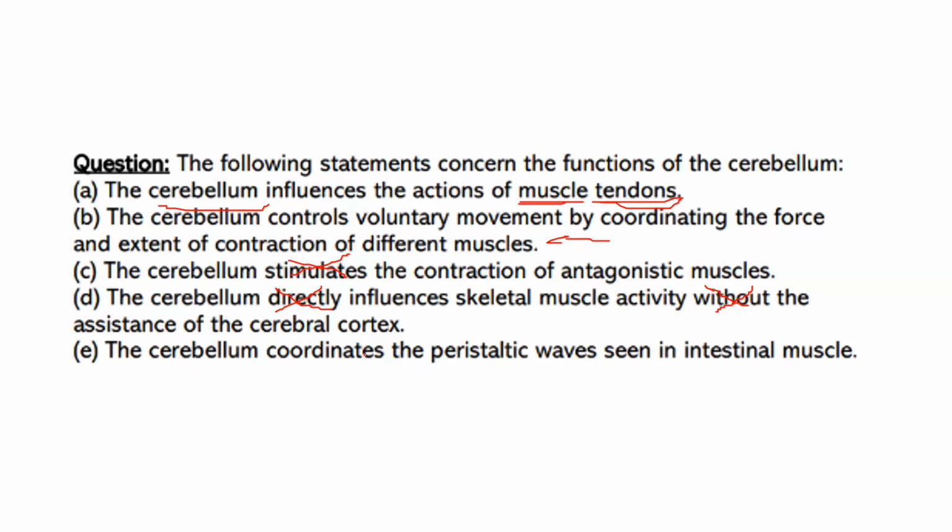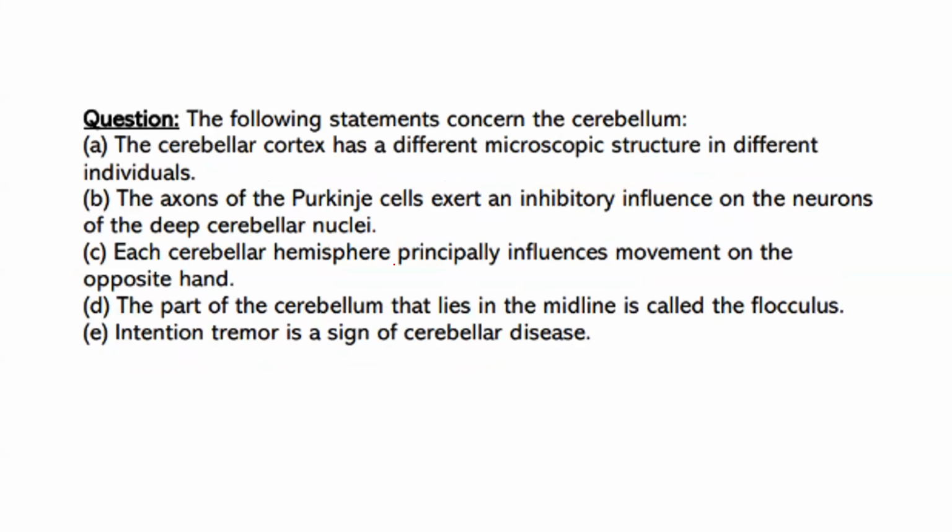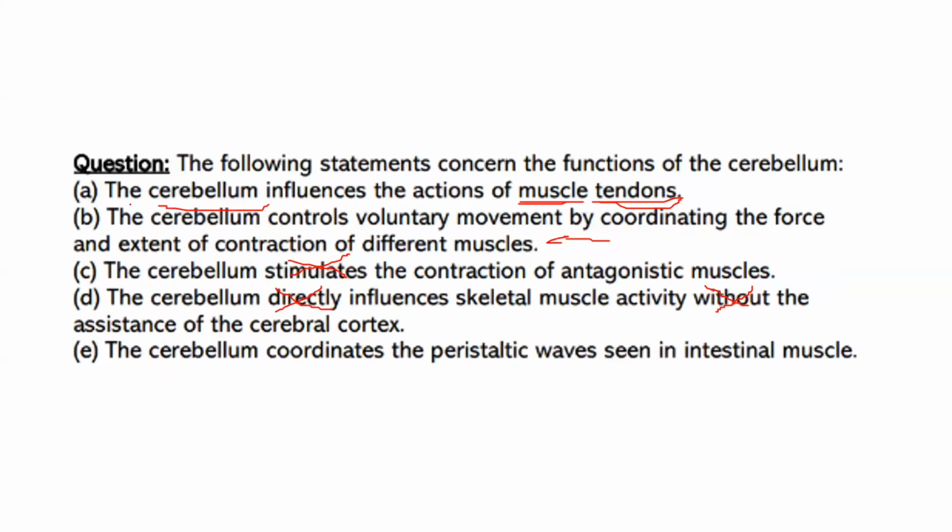This is also false since the intestinal muscle is smooth muscle and it's coordinated completely separately. The cerebellum is only concerned with skeletal muscle, so it doesn't have any effect on the intestines. And so the answer for this one is B.